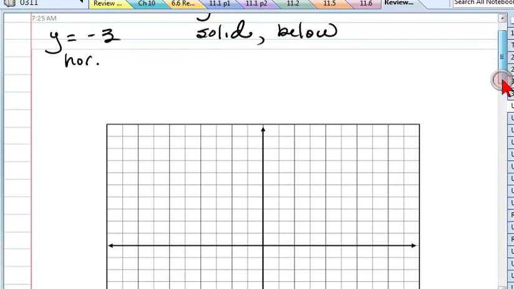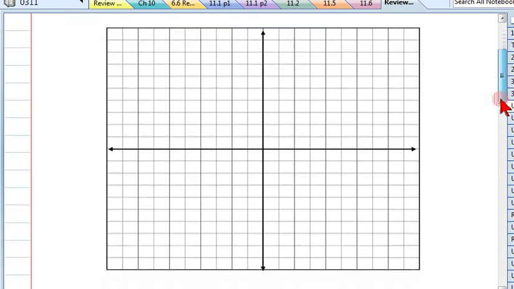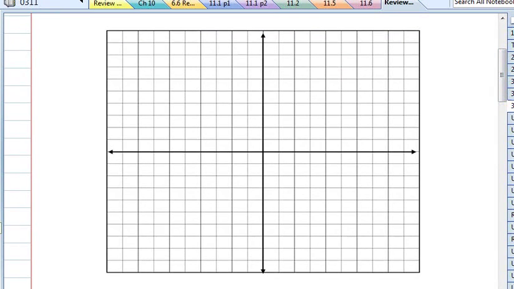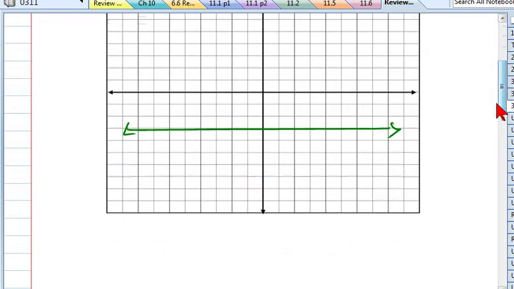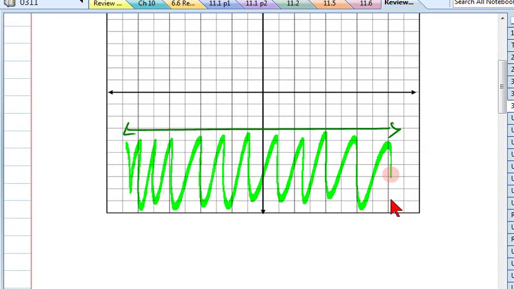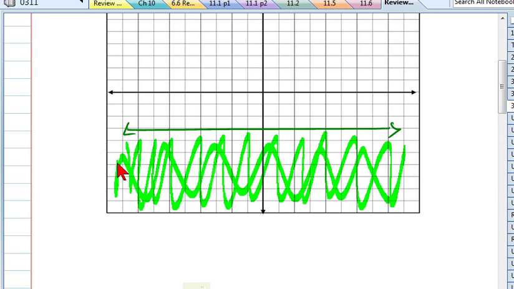So I need a horizontal line cutting through the y-axis at negative 3, solid. And you told me to shade below it. And there we go.